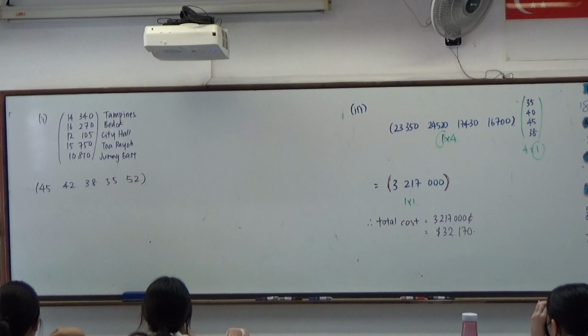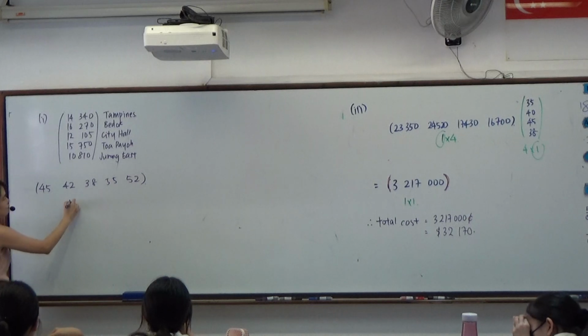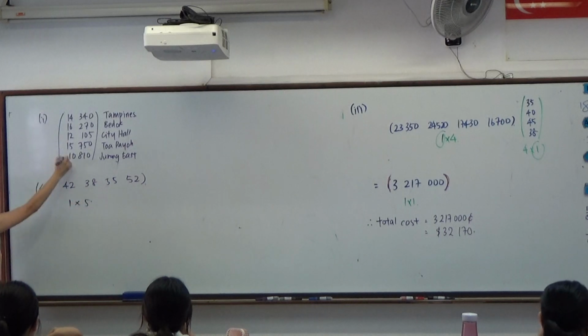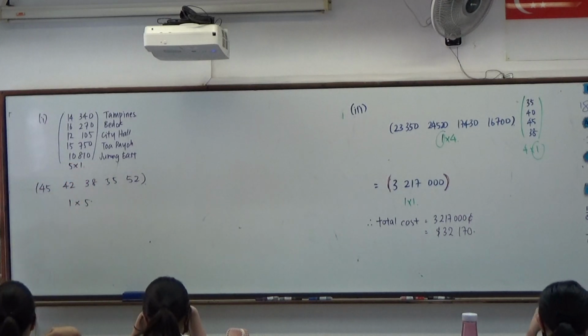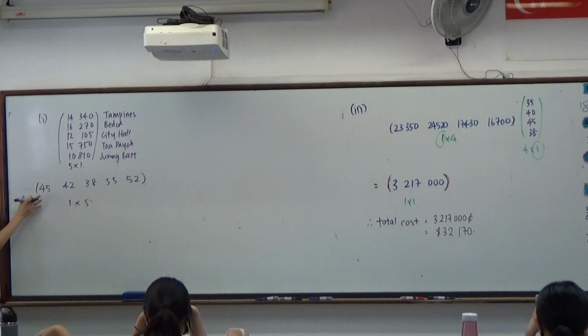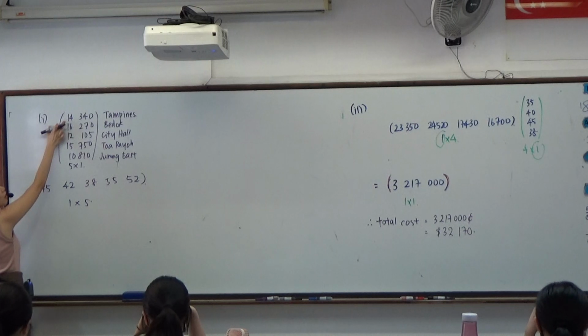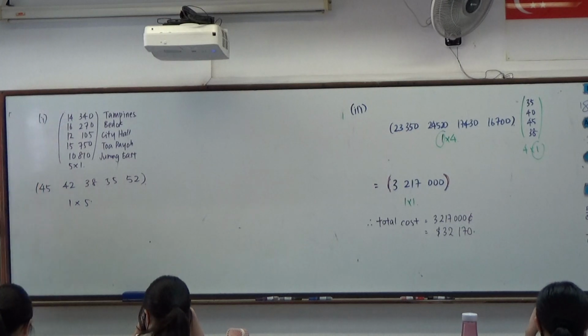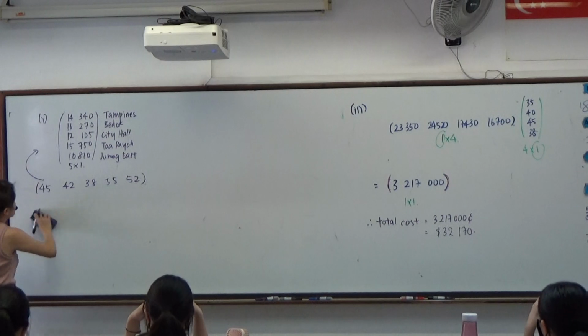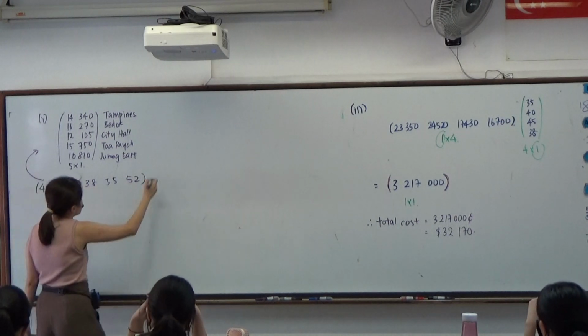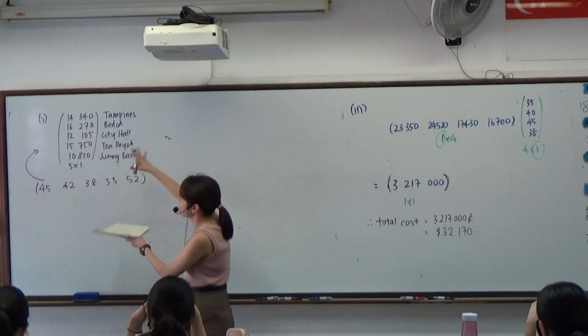This matrix is a 1 by 5 matrix, and this is a 5 by 1 matrix. So I could consider taking the number of trips, multiplying with the cost in one trip, and then adding up respectively in order to get the total value. I'll just place this here. Sorry, I'm running out of space, so I'm a bit lazy to adjust.